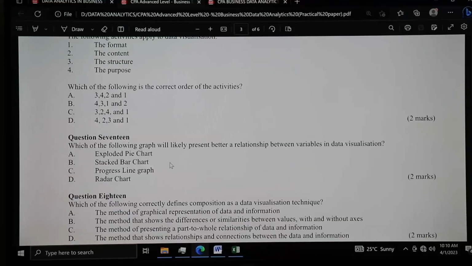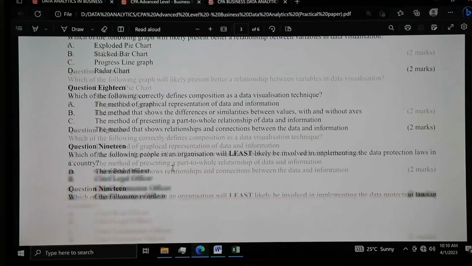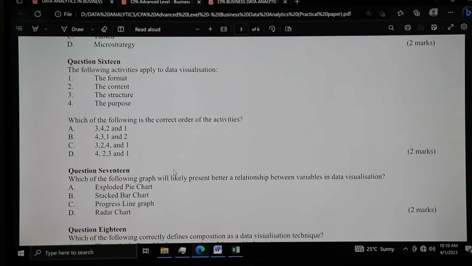When question 17, it remains with maybe just 2 more questions. And here we are told which of the following graphs would likely present a better relationship between variables. So the chart that shows a good relationship between variables, we have the start, the progress.